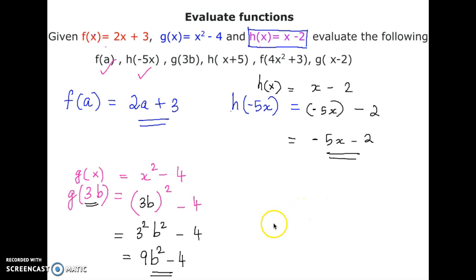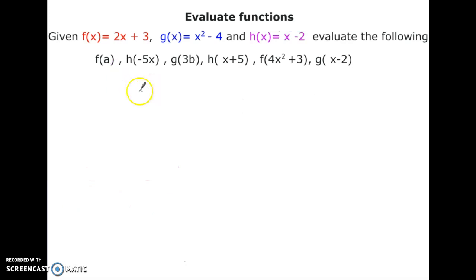Our next question is h of x plus 5. I'm just going to clear the screen so that we'll have more space for the next problem. H of x plus 5. So we have to look at the rule for h, function rule h. It says that h of x is x minus 2. So in my new rule, I have to take x and subtract 2.